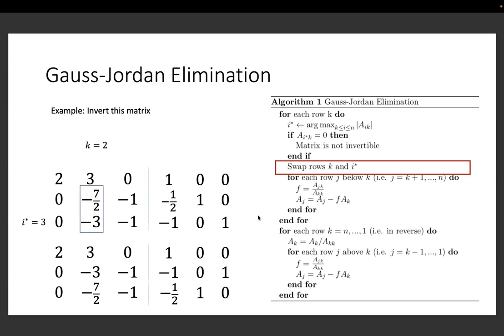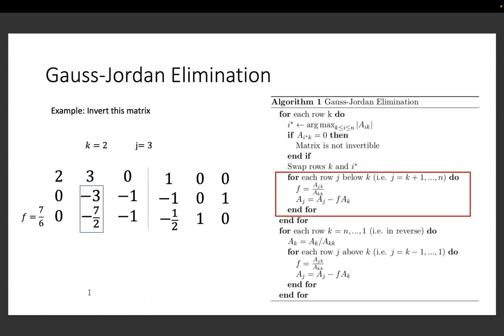Because I assumed that the maximum value here is -3, which is not true, I just changed the third and the second row here, and then we have another for loop, where j can be from 3 up to 3, so we just need to complete this once.